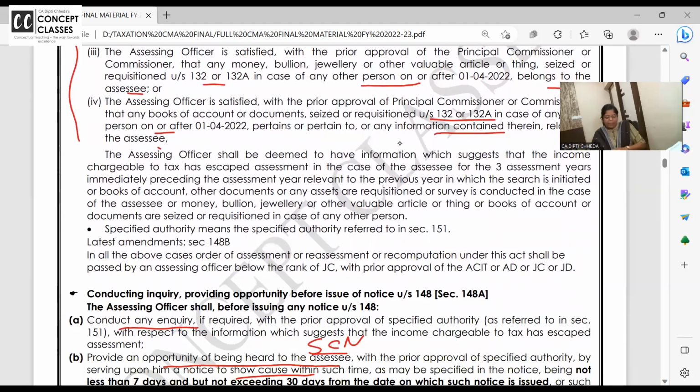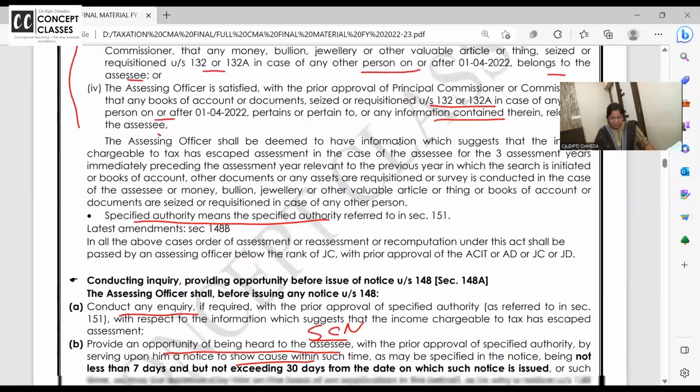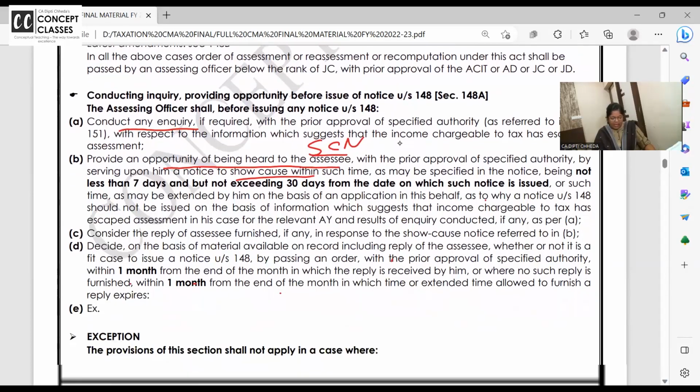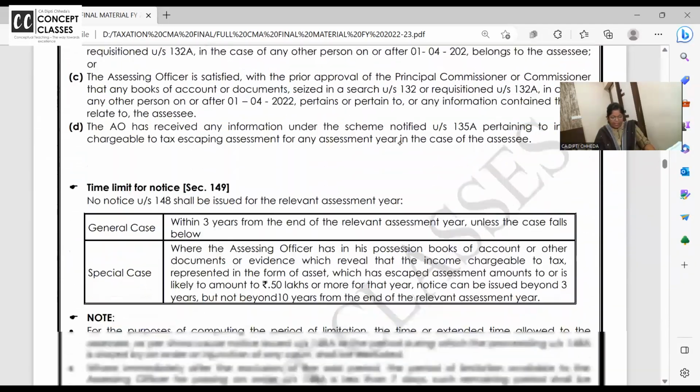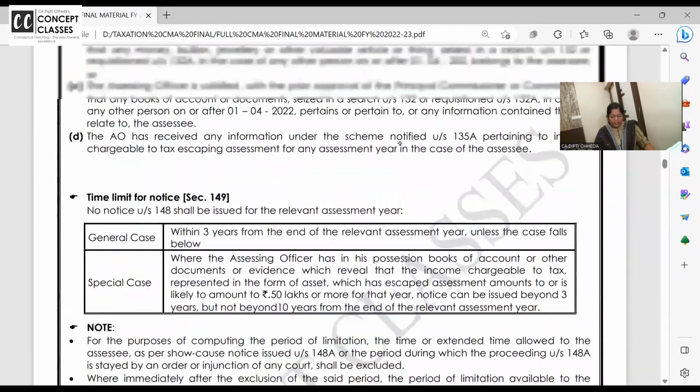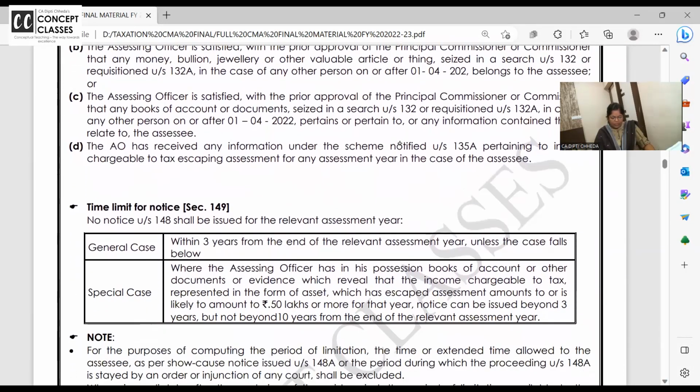Everywhere you need for 147 assessment, it is mandatory to have the permission of the specified authority, that is the higher authority. Okay. So now let us see what is the time limit for issuing the notice. 3 years from the end of the relevant assessment year. So what is our financial year right now? 22-23. What is the assessment year? 23-24.